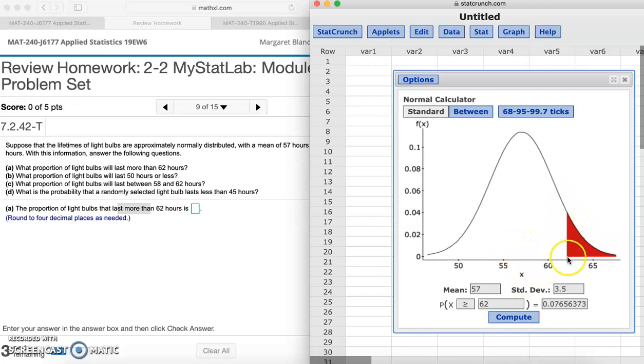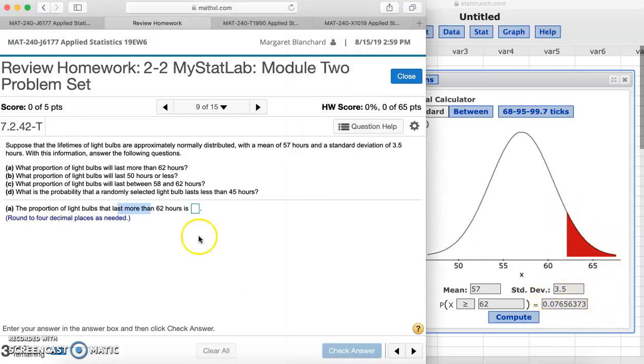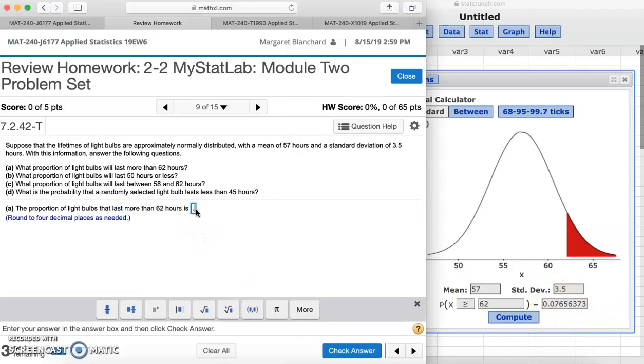And here, this is the 62, and this is the area shaded under that normal curve that's greater than 62. So the probability of that is right here. It says to round to 4 decimal places, so let's do 0.0765, and then that 6 rounds up to 6.